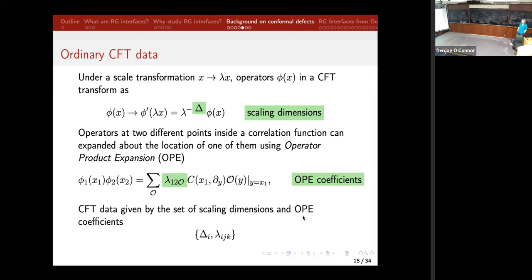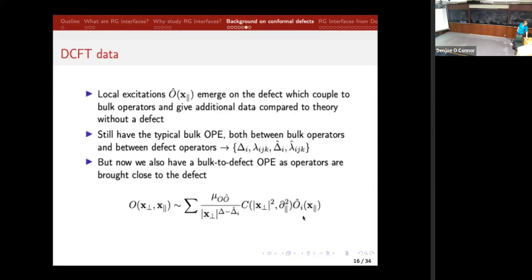So when you bring two operators close together, you can expand them in an infinite sum of other operators at a single one of those points with these OPE coefficients. So this is our standard CFT data. But then if we add a defect to the situation, we get local excitations that emerge on the defect and couple to the bulk operators. So that gives us additional data compared to the theory without a defect.